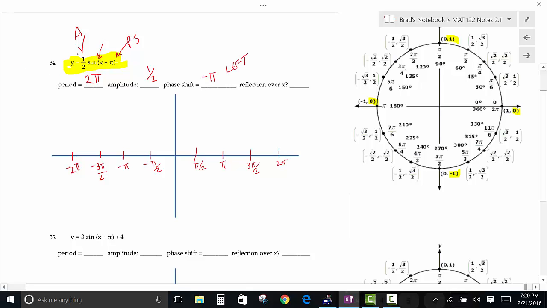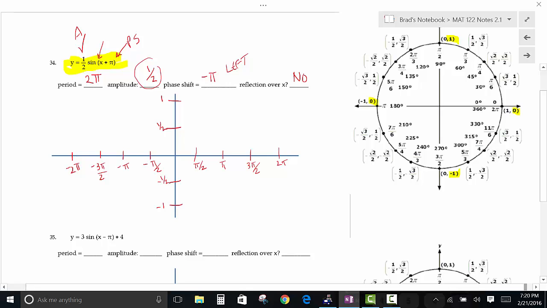And again, there is no reflection on this, okay? If there was, we would consider that as we go through. Okay, so let's go ahead and get all our data. Let's make the y value go up to 1, down to -1. Since we have an amplitude of 1/2, that means the max is going to be at 1/2, and the minimum is going to be at -1/2.